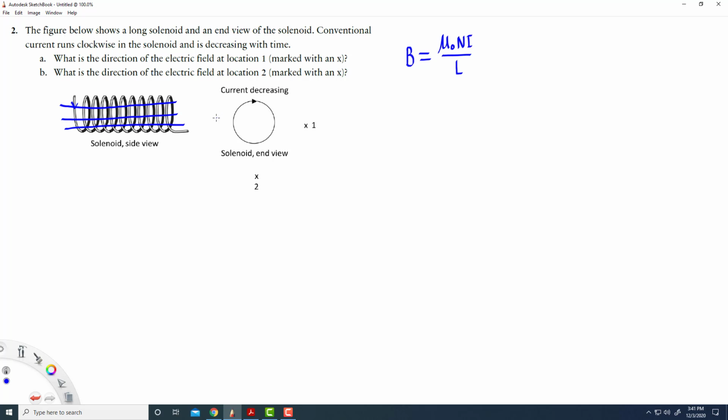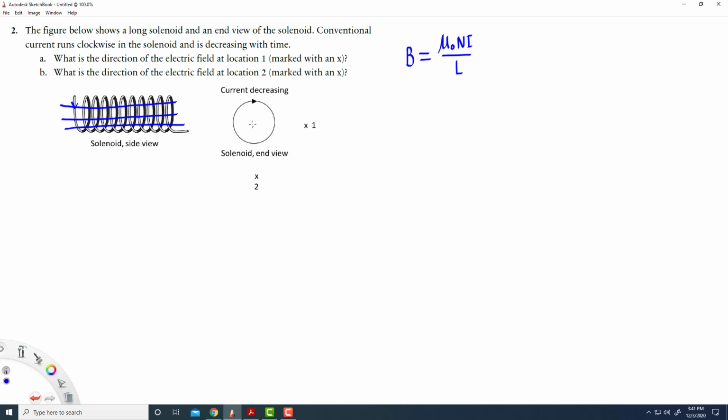and the direction of the magnetic field is given by right hand rule. So you point your thumb towards the direction of the current. In this case the direction is clockwise, and imagine that you are wrapping your fingers around this wire, pointing your thumb in this direction.